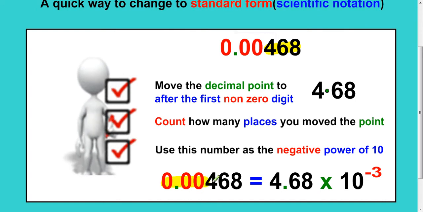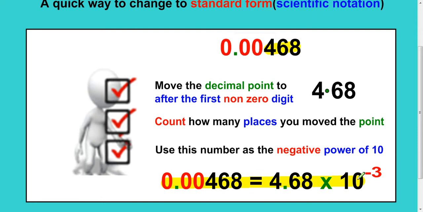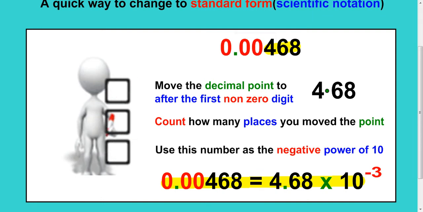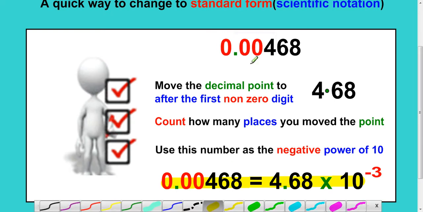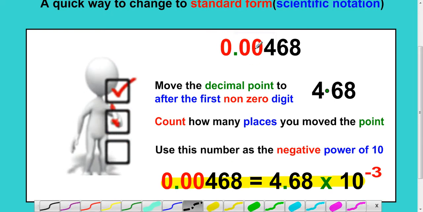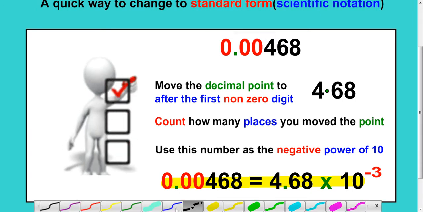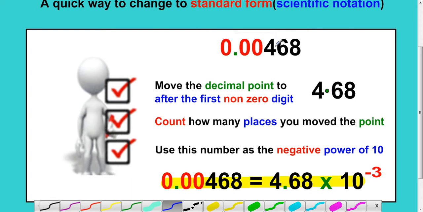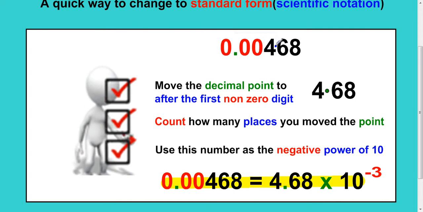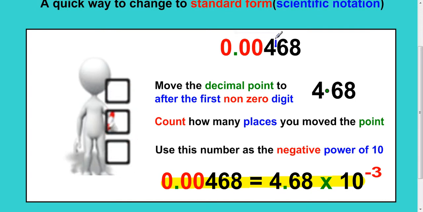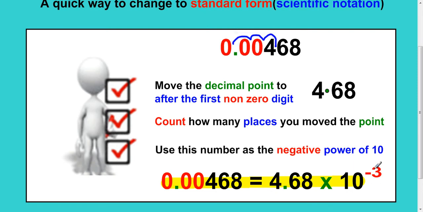You then want to write down all of this, so that equals 4.68 times 10 to the power of, and we basically have to work out how many jumps the decimal point has moved. So if I place my decimal point here between the 4 and the 6, I'll make that a different colour, blue, that's where we've placed it, and it needs to move backwards, i.e. a negative value or a division, so it needs to move back 1, 2, 3 places, and that's why we've got a negative 3 there.